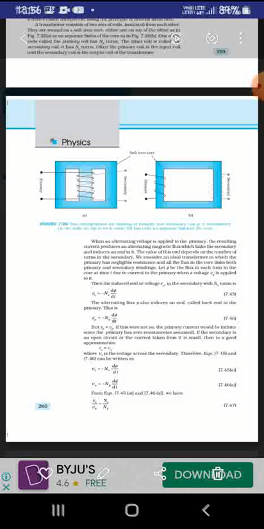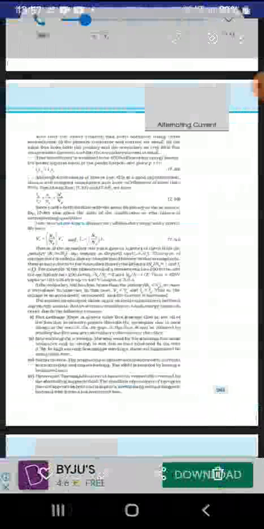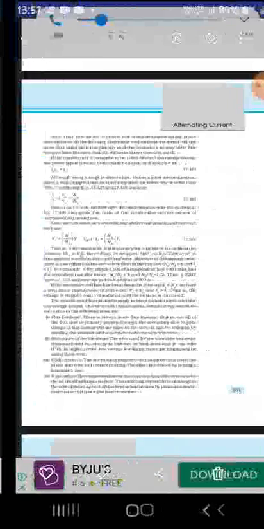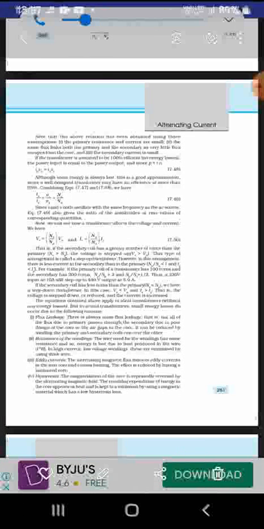Next, E is equal to minus N dΦ by dt. Therefore, totally Vs by Vp is equal to Ns by Np is the formula we get, and Ip Vp is equal to Is Vs. Like this we can write Ip by Is is equal to Vs by Vp is equal to Ns by Np.